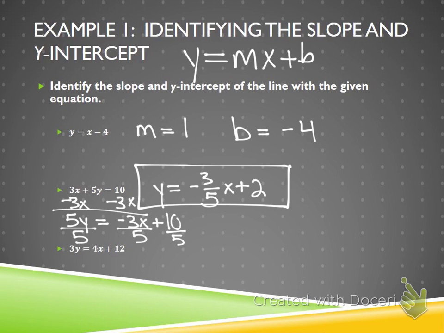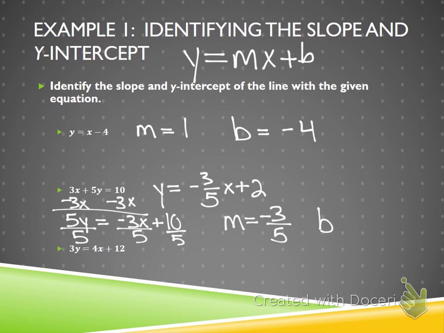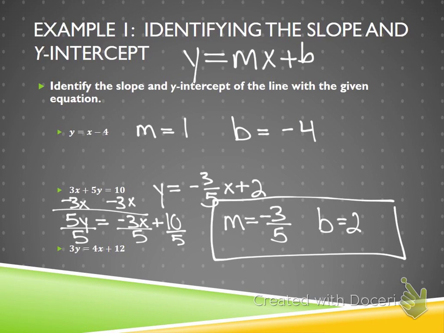Okay, so now I can identify that my slope is the number attached to my x, so m equals what? -3/5. And b equals the last number in the equation, which is 2. And that's it. m equals -3/5, b equals 2. It's really easy.